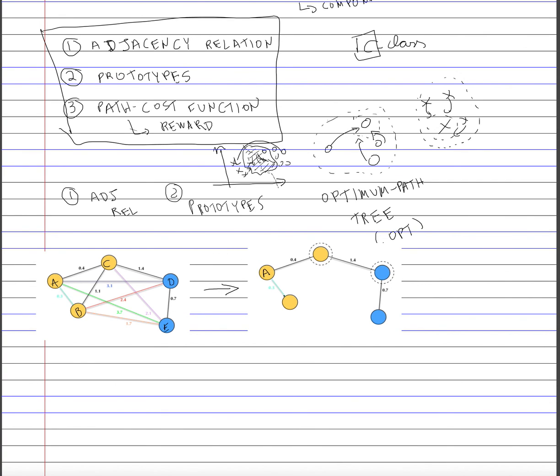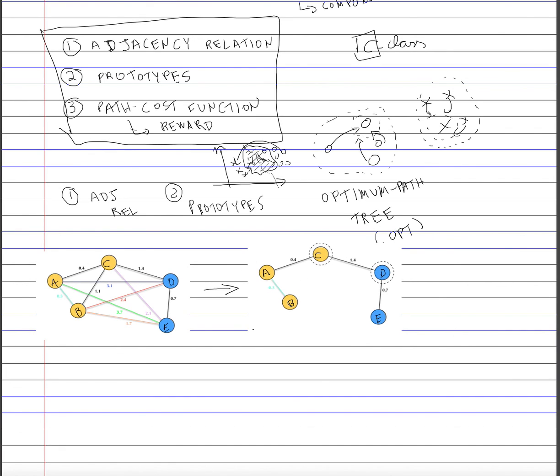But how can we do that? First of all, we need to compute the minimum spanning tree. The minimum spanning tree is basically a spanning subgraph, and this spanning subgraph is a tree, and the summation of the arc weights of this tree is as small as possible, right?